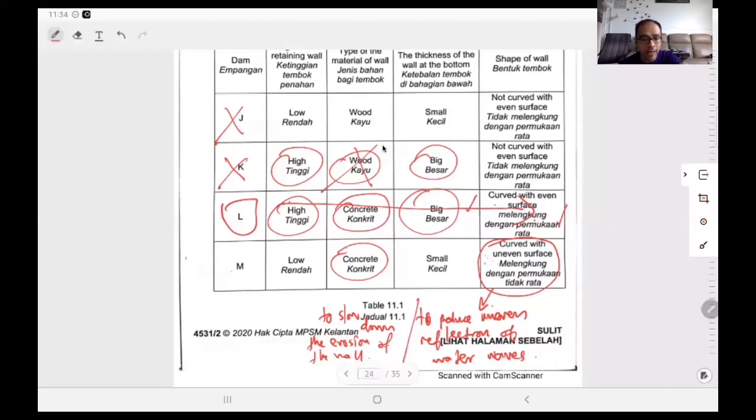If you have chosen L, just write L's characteristics inside your answer. This has happened before, and a lot of students were like, we're dead, only 3 out of the 4. What am I going to do? And then they panic. Don't need to panic. It's very obvious that we want L. It's just how to write the reason. Write it all according to L. Although L doesn't fulfill this curve with uneven surface, we still write L in here.